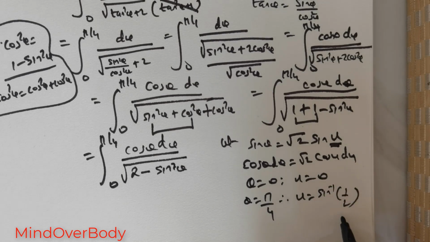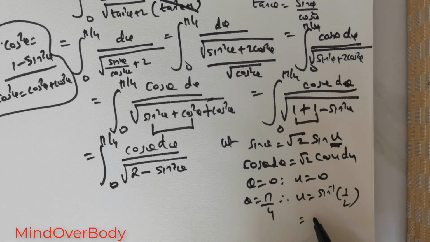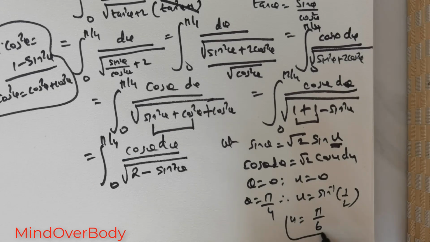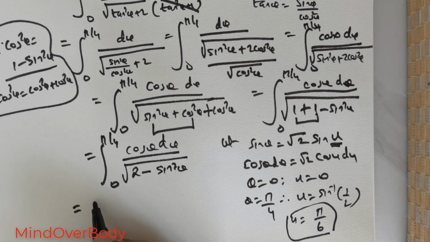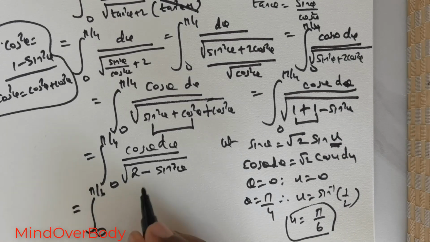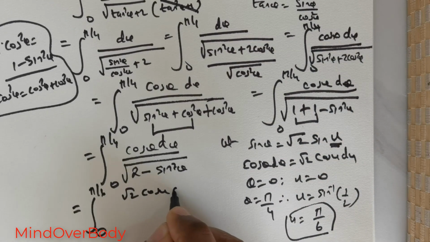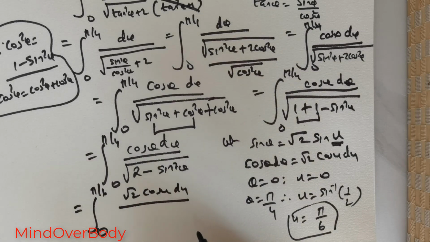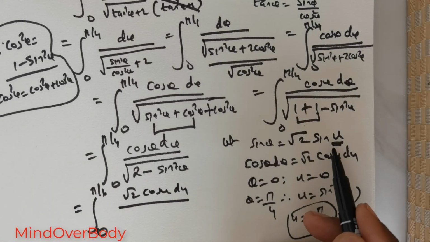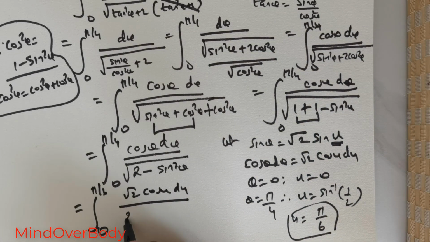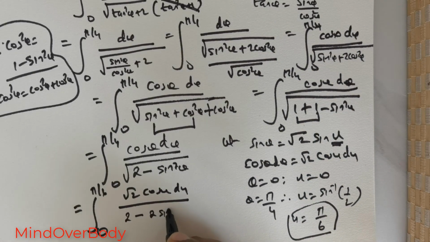But what is sine inverse of 1 over 2? That's going to be 30 degrees. Right, but what is 30 degrees? 30 degrees is nothing but pi over 6. So u is pi over 6. So this is equal to integral 0 to pi over 6, cos theta d theta is root of 2 times cos u du, divided by root of 2 minus 2 times sin square u.